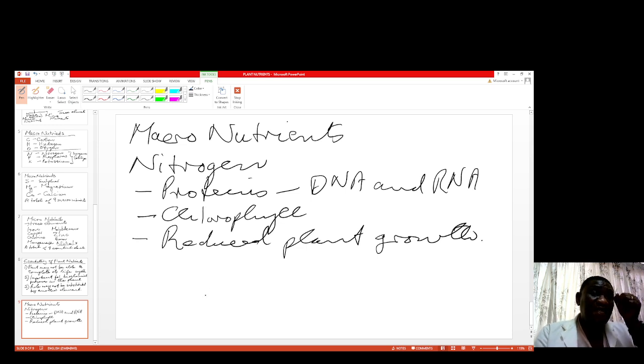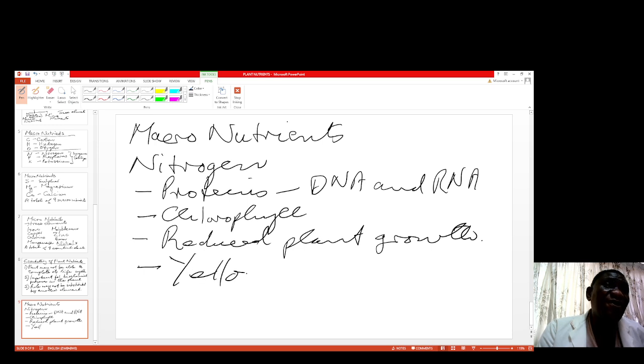Now, its absence is shown by yellow leaves. Yellow leaves could mean nitrogen deficiency.